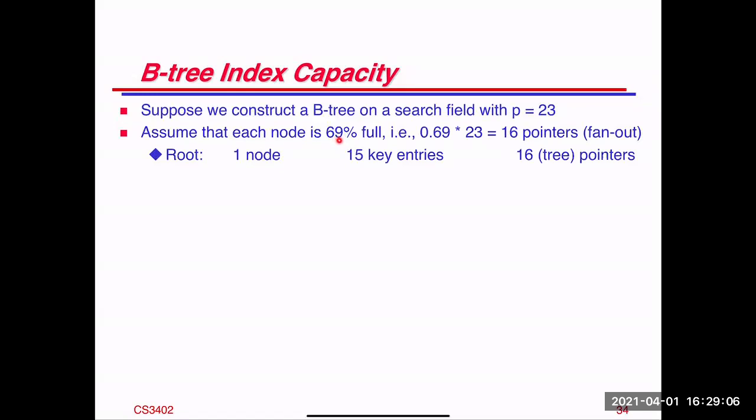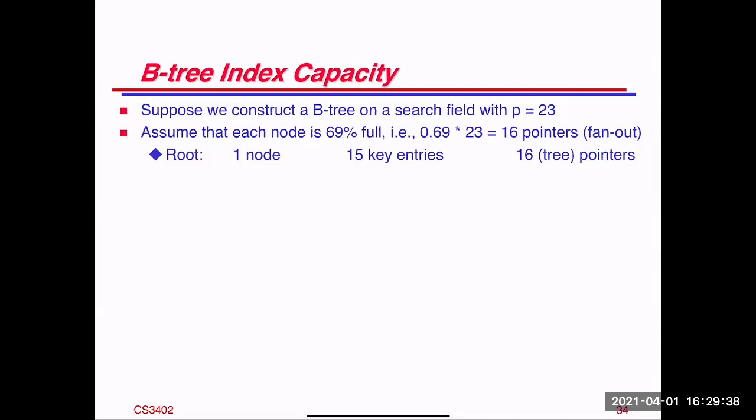If you keep doing random insertions and deletions into a B tree, then on average you will see that the nodes will be 69% full. So on average, if we multiply 0.69 with 23, which is the maximum number of tree pointers that each node can have, then we assume that it has 16 tree pointers. So that's our fan out.